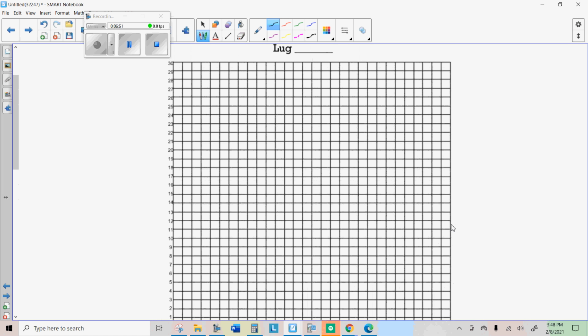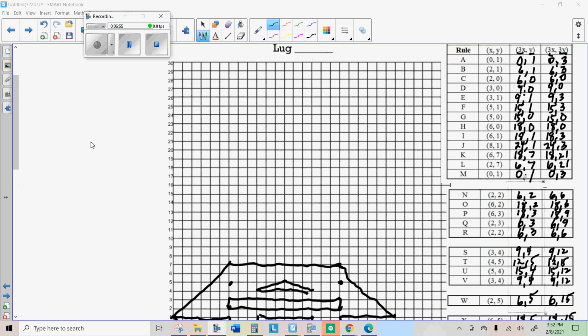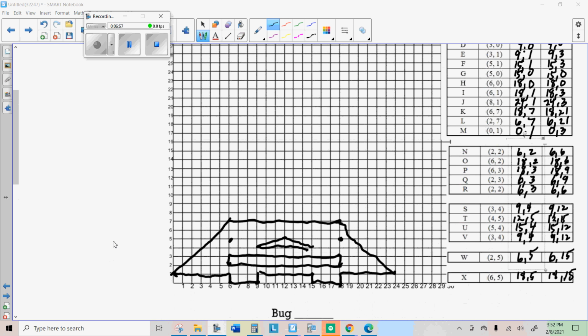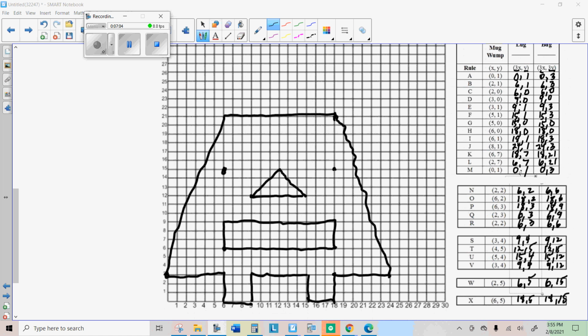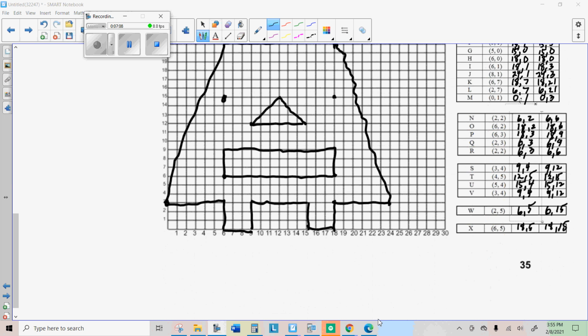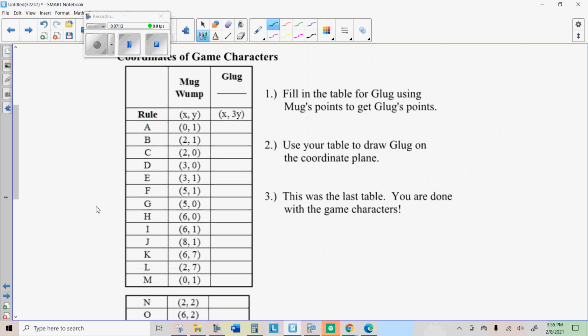All right, now we are going to enter those coordinates onto this page. If you did it right, that's what Lug looks like. Now I'm going to drop Bug. There's what Bug looks like. We're going to do one more. We're going to do Glug.